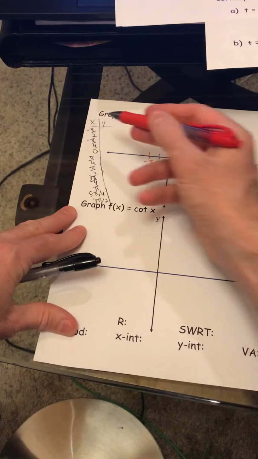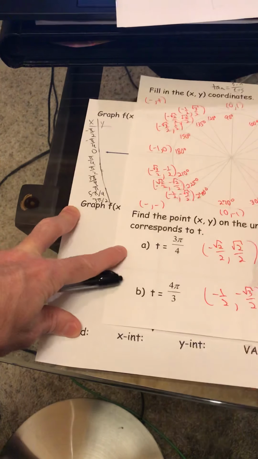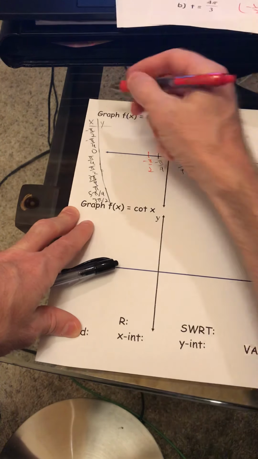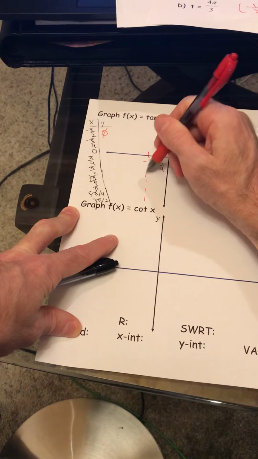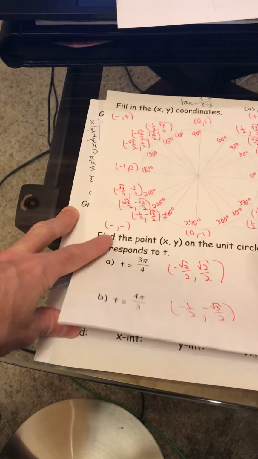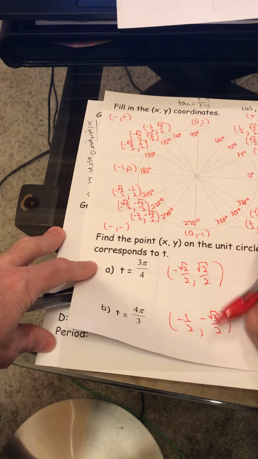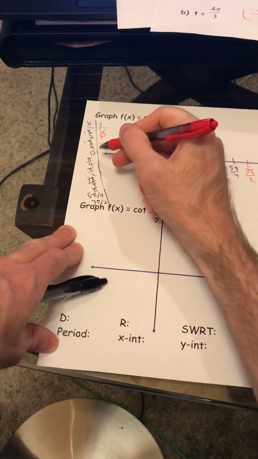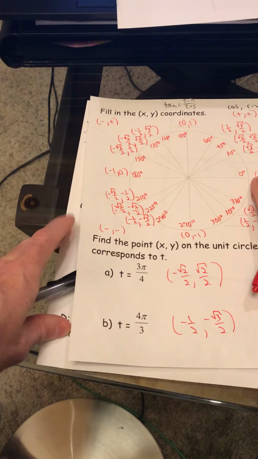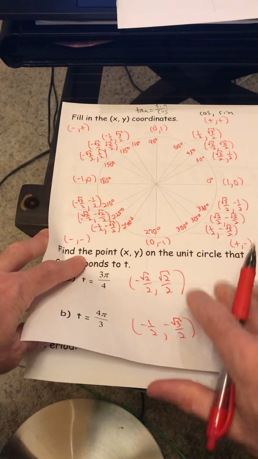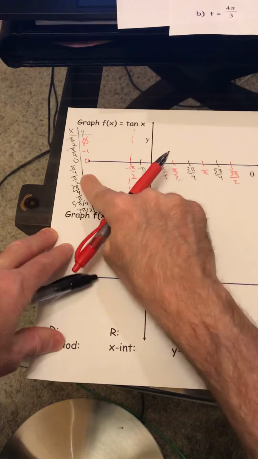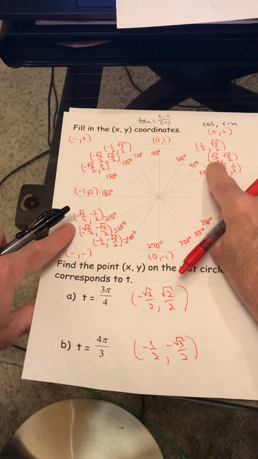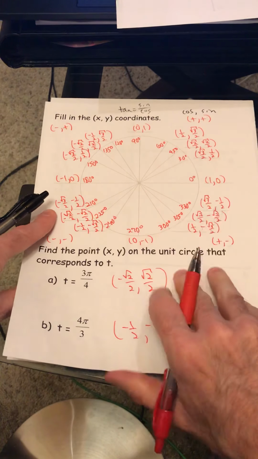So with tangent, negative pi over 2 is down here. If you take y over x, negative 1 over 0 is undefined. Negative pi over 4, the y over x will be negative 1. At 0, y over x is 0. At pi over 4, my y over x is 1.